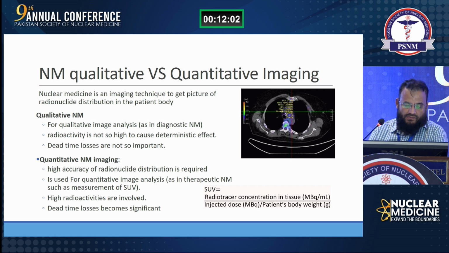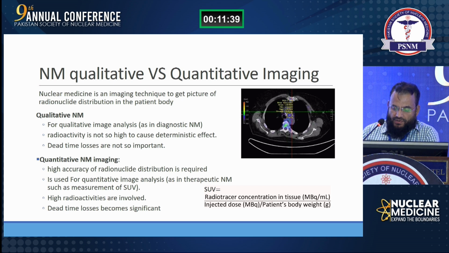In quantitative nuclear medicine imaging, high accuracy of radionuclide distribution is required, as in therapeutic nuclear medicine, such as measurement of SUV, the standardized uptake value. High radioactivities are involved and dead time losses become significant.